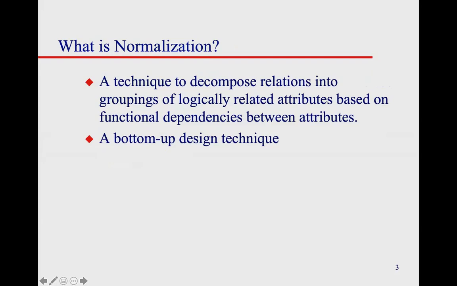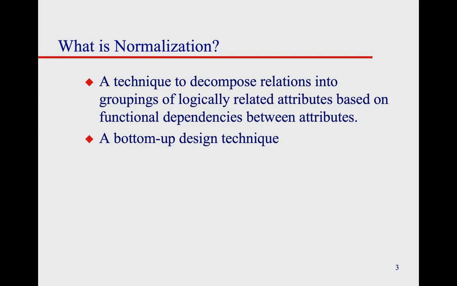Normalization is much more mathematical. There's much more a right and a wrong way to do it. You can basically specify a mathematical algorithm for it. So it's essentially a mathematical way to decompose relations into groupings of logically related attributes based on functional dependencies.